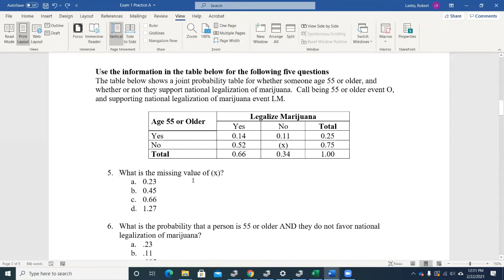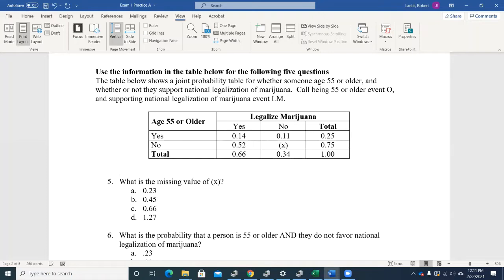So what we have is 0.52 plus X is equal to 0.75. Now from here, just a little bit of algebra, right? Subtract 0.52 from each side so that X is equal to 0.75 minus 0.52, giving us that 0.23 value. Okay? So X there would be 0.23.